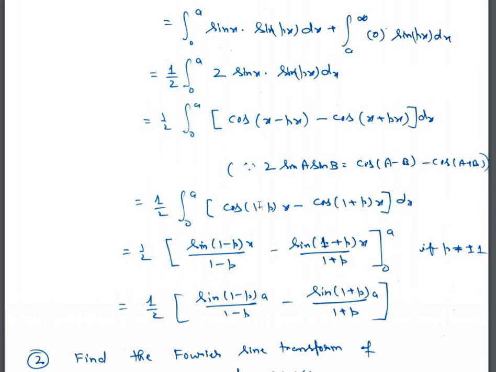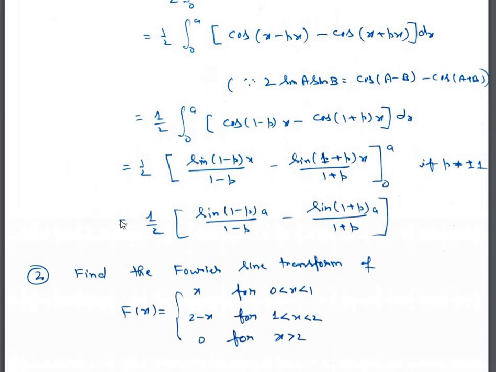Now integral of cos theta is sin theta. So integration of cos((1 minus p)x) is sin((1 minus p)x) upon (1 minus p). Similarly, minus sin((1 plus p)x) upon (1 plus p). Limits are from 0 to a, provided p is not equal to plus minus 1, because otherwise the denominator will become 0. So this is equal to 1 by 2 [sin((1 minus p)a) upon (1 minus p) minus sin((1 plus p)a) upon (1 plus p)].